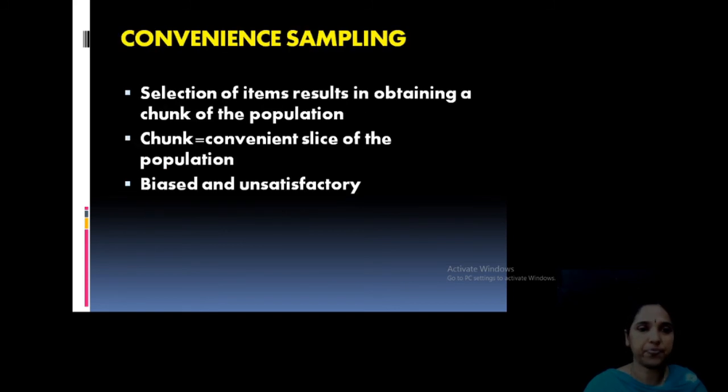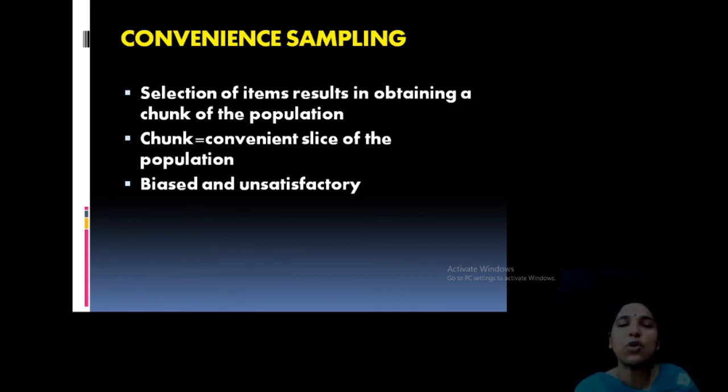Understood? Okay. Now, convenience sampling. The second type of non-random sampling is convenience sampling. So, the selection of items results in obtaining a chunk of the population. Chunk means what? A convenient slice of the population. So, I am dealing with only a small slice of the population. The population is big, but my convenience is to study a small portion.